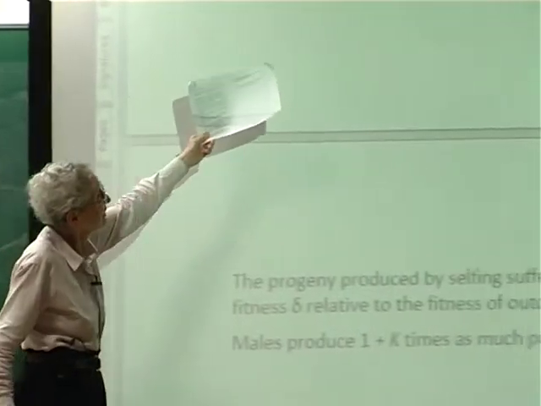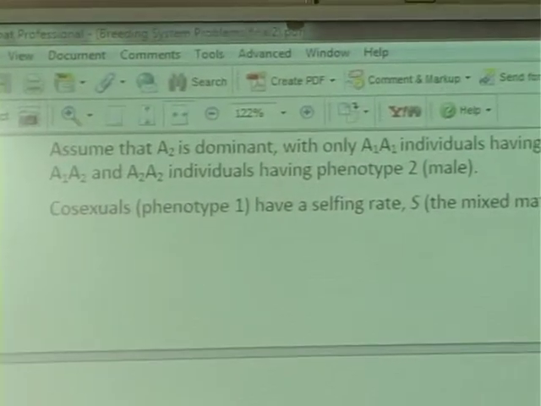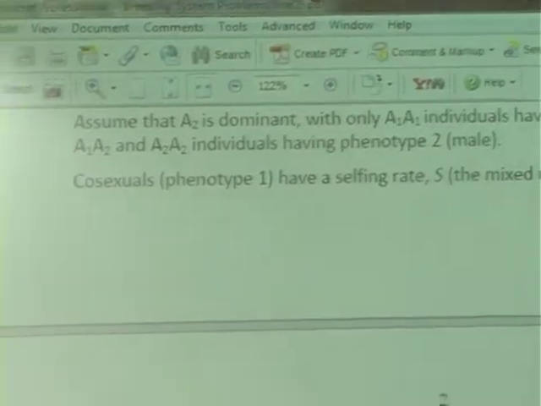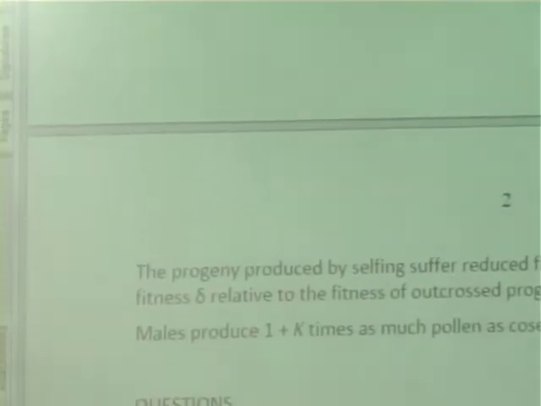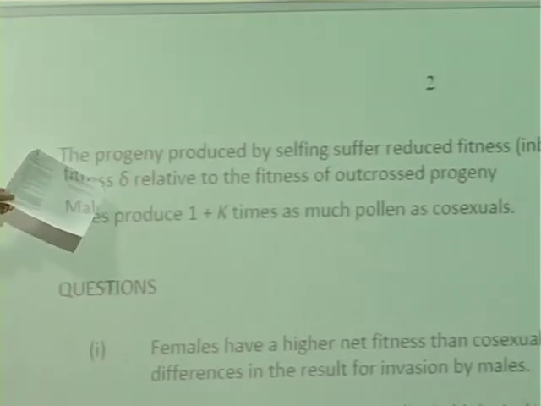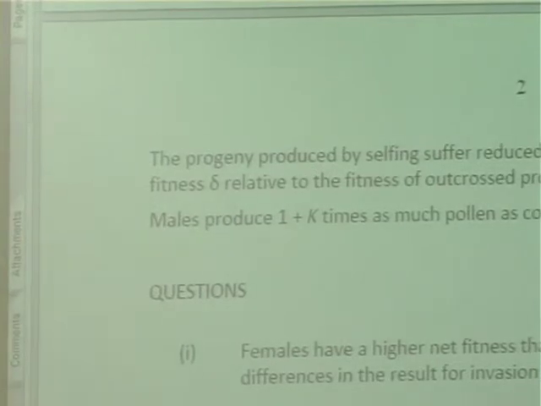They have a selfing rate, which we could write as S, so we're assuming that mixed mating model that I mentioned. We're assuming that progeny produced by selfing suffer inbreeding depression, so their fitness is reduced by an amount delta relative to the fitness of outcross progeny.